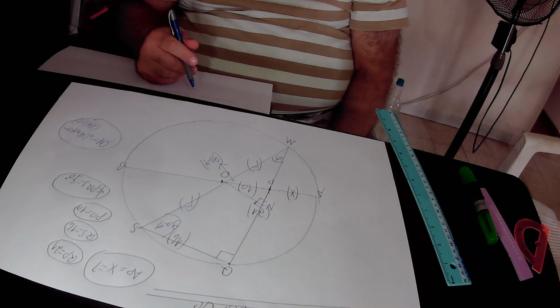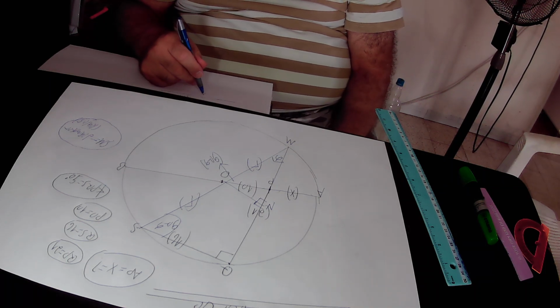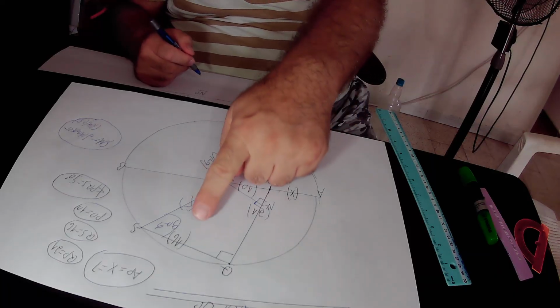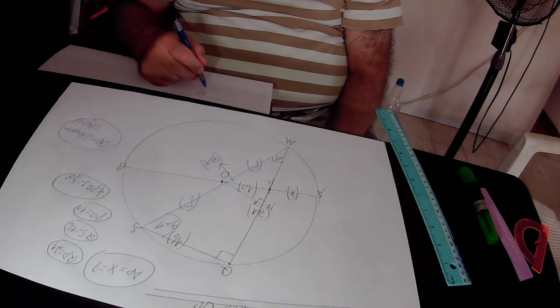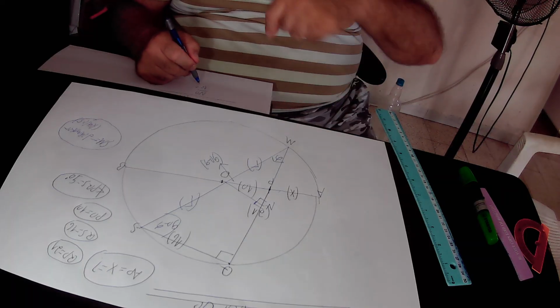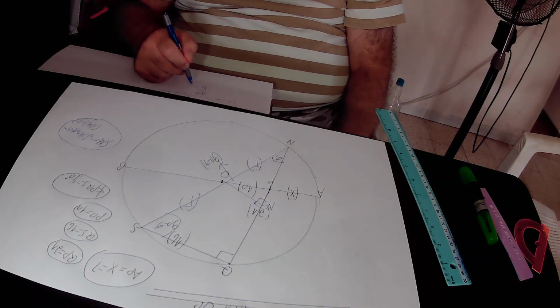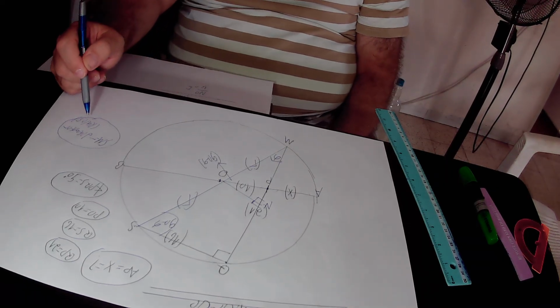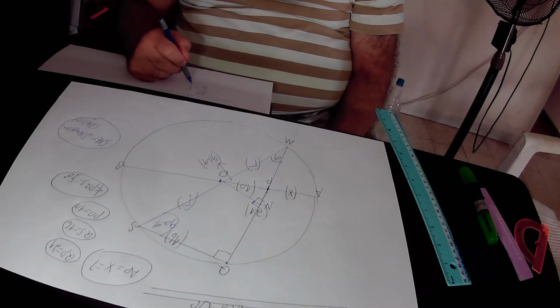ON is the missing side, so leave it as it is, over QS. QS equals 16 units according to what is given in the question, and it is equal to OM, the radius of the circle, over SM. SM is the diameter of the circle, that is equal to 2r.